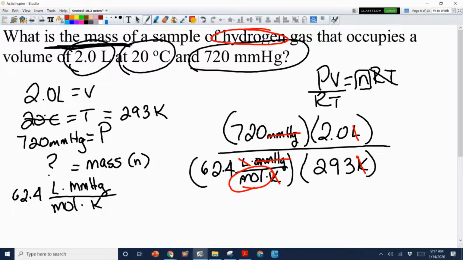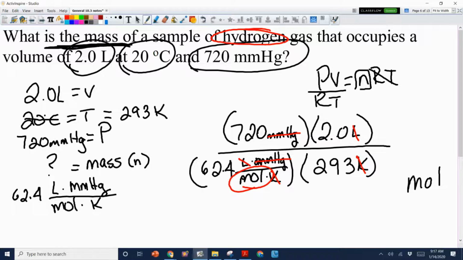Okay, so when I get my answer, it's going to be in moles. I'm going to put it over here because I know I'm going to have to do another conversion. Okay, so grab your calculators. 720 times 2.0 divided by 62.4 times 293.